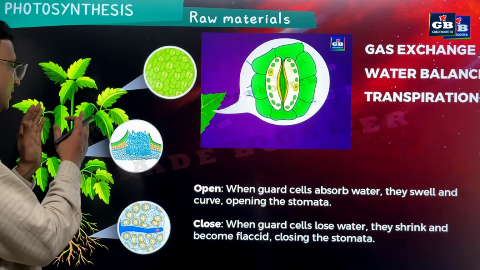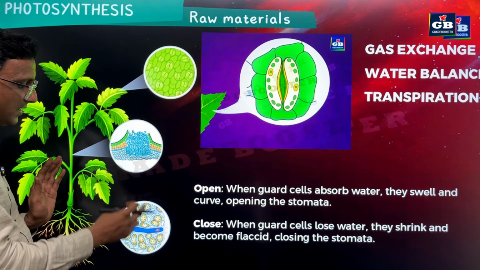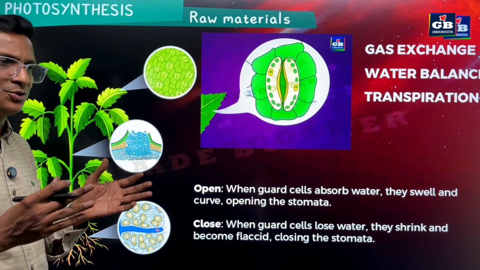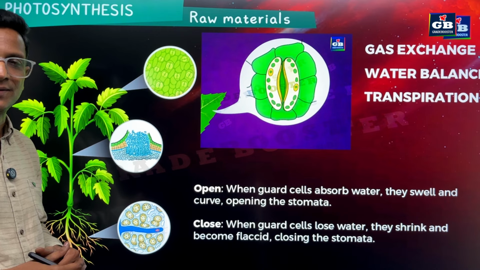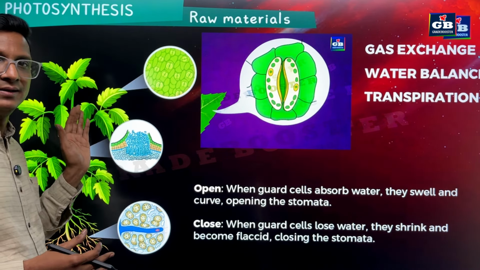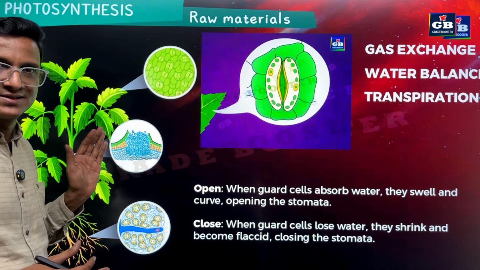So now here we have the picture of a plant showing different parts. Plants not only use stomata to get the carbon dioxide. Mostly we see the stomata on the leaves and in some other green parts.